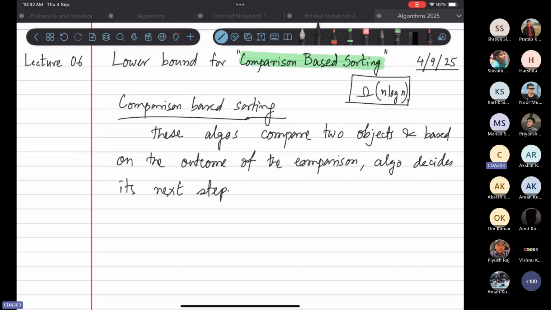And this is the reason that, if you recall the first class where I introduced the sorting problem, I said the input is n objects from a well-ordered set, and I can sort those objects.